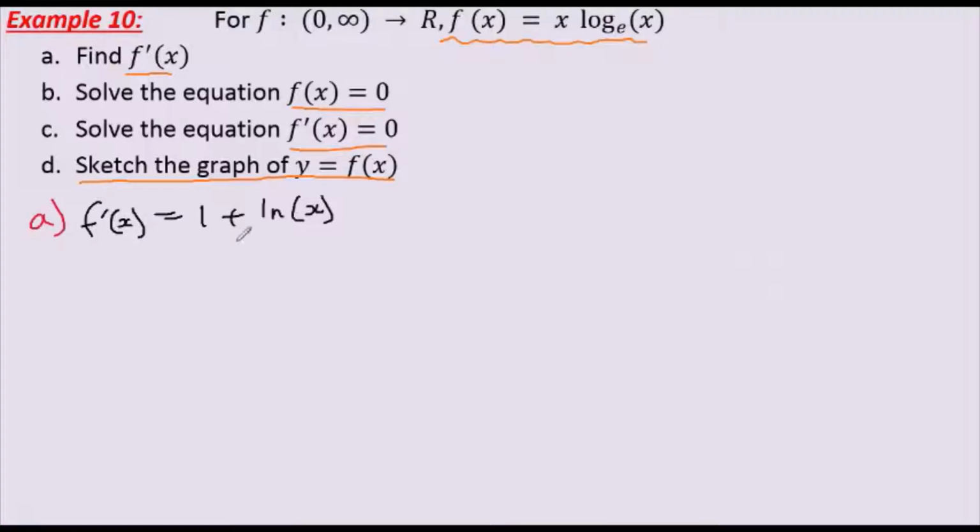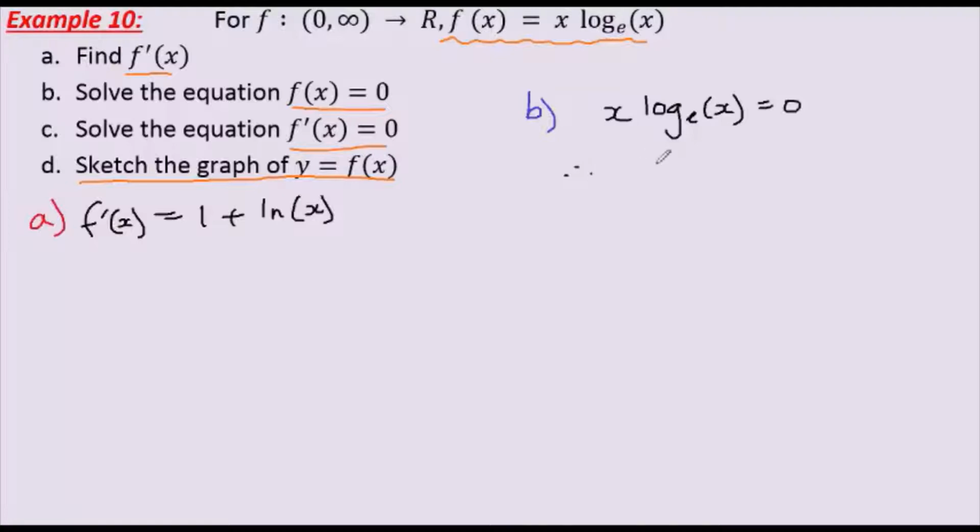Now I've just stored my answer away here for future reference, and I'll go on to part B. When f of x equals 0, this is asking when x log e x equals 0. So it's really asking for an x-intercept. So here we go.